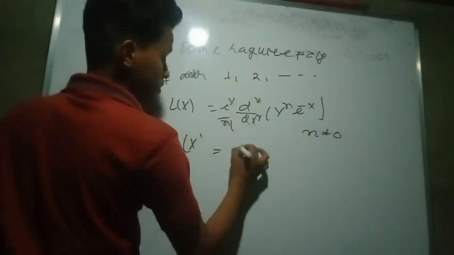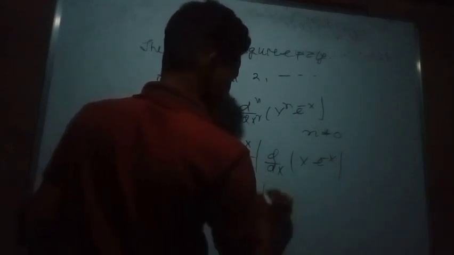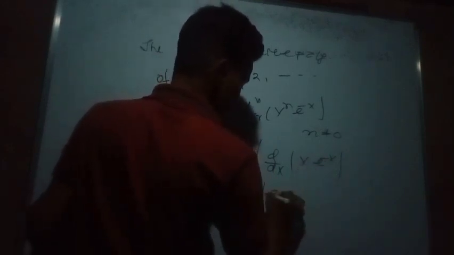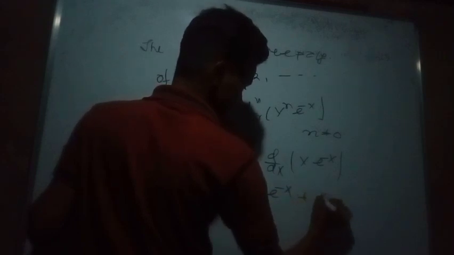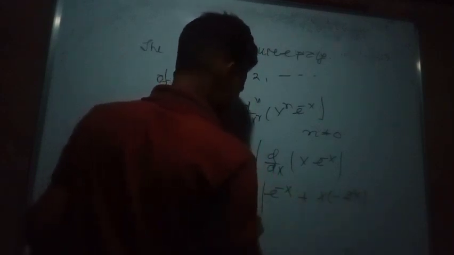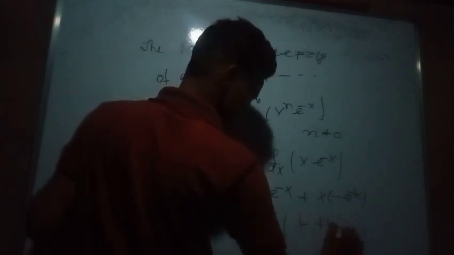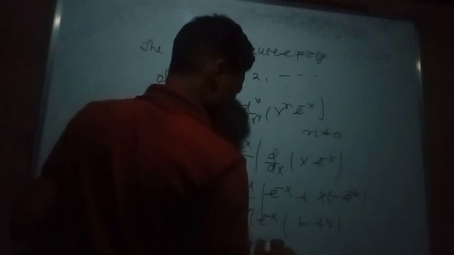So let's find L1. e to the power x upon 1 factorial, d by dx of x e to the power minus x. This gives e to the power x upon 1 factorial, which is 1, times e to the power minus x plus x times minus e to the power minus x. Taking e to the power x common, e to the power minus x times (1 minus x).